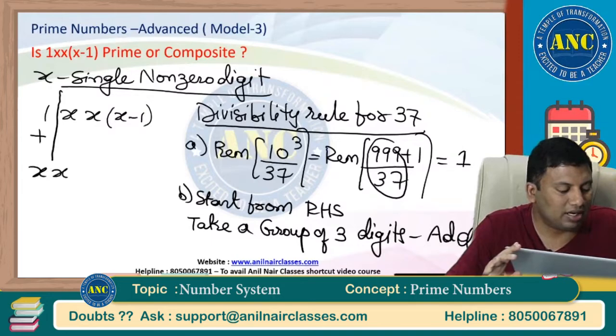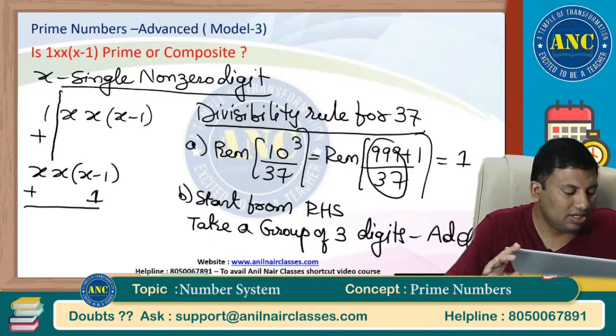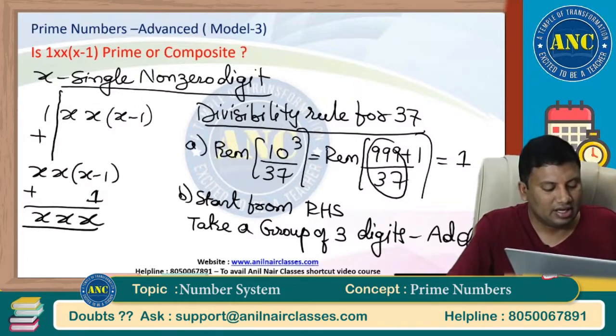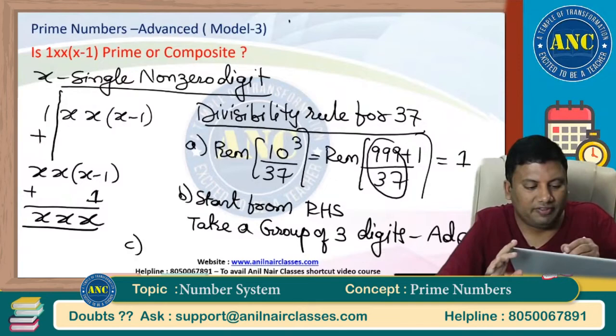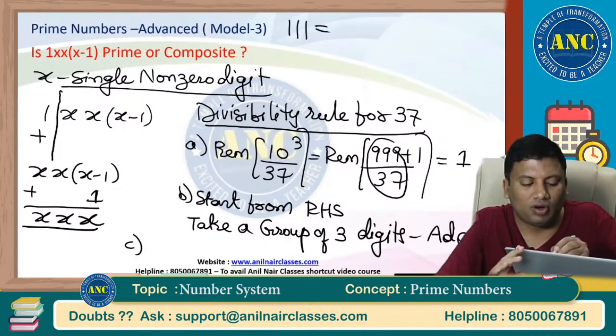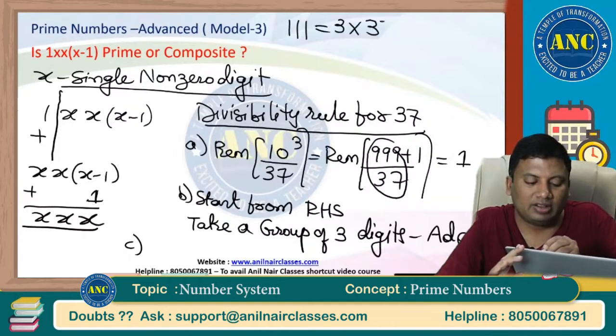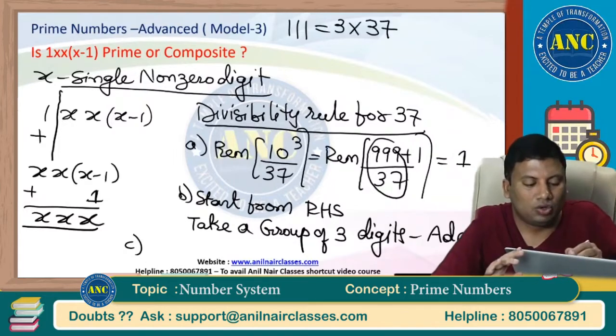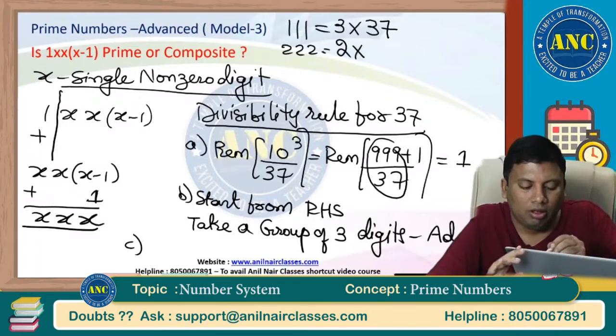This is nothing but xx, x minus 1 plus 1, this is nothing but xxx. Third point, suppose it is 111, x is written thrice, 111. 111 is nothing but 3 into 37. 222 is 2 into 3 into 37.